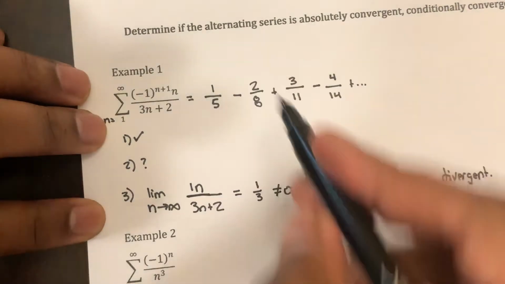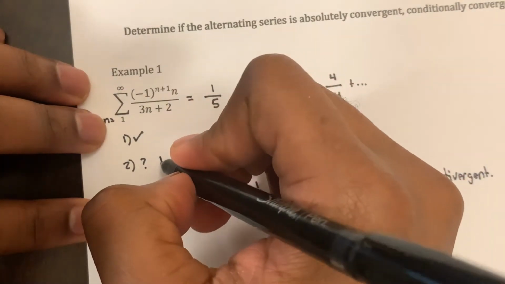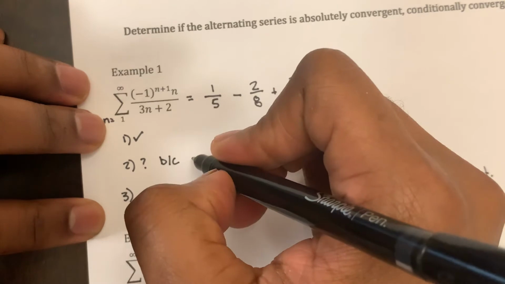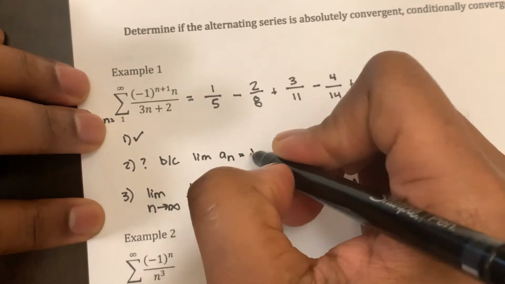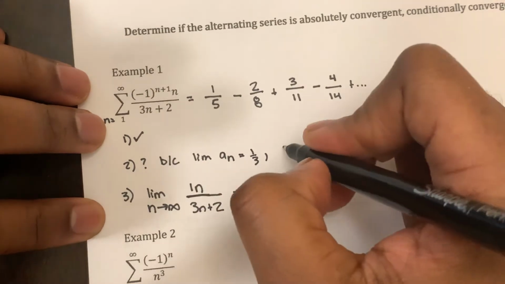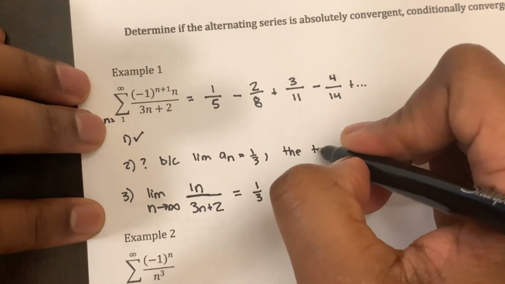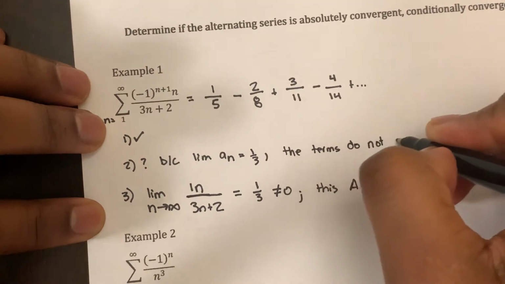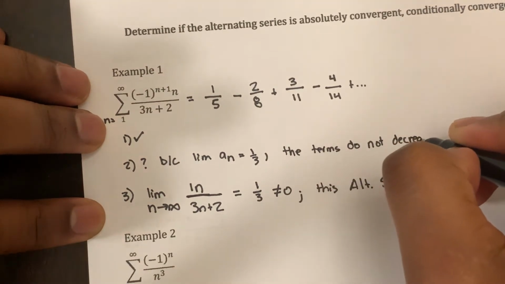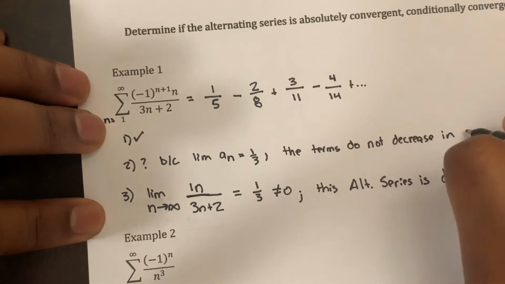So what that also means is that for 2, we can say because the limit of the sequence is 1/3, the terms do not decrease in magnitude.